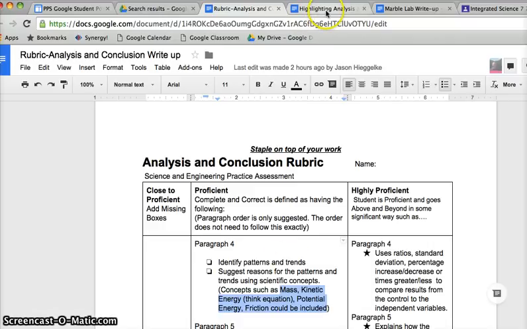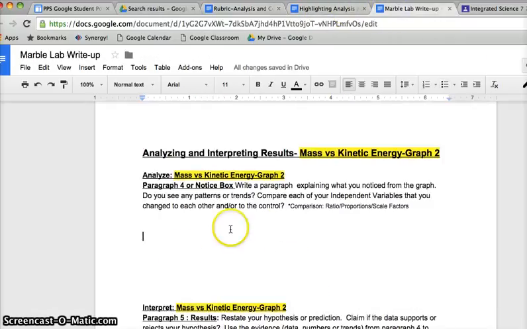And so going back, what we are going to do is, if this is the case for you, looking at your data table, you might say, there is a pattern in my data. As the mass increased, then so did the kinetic energy.